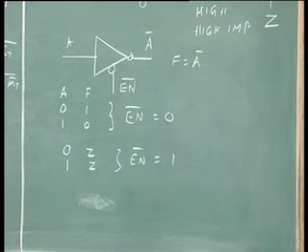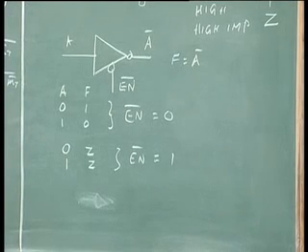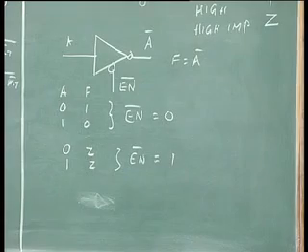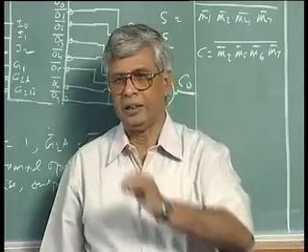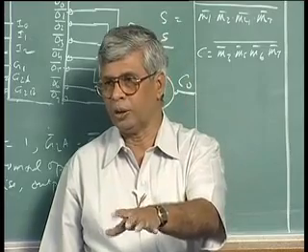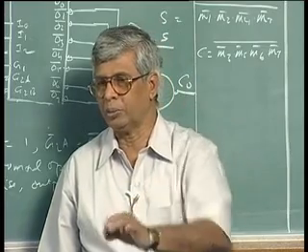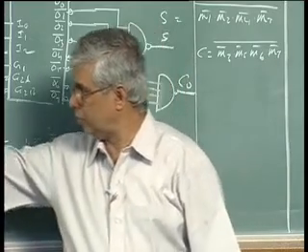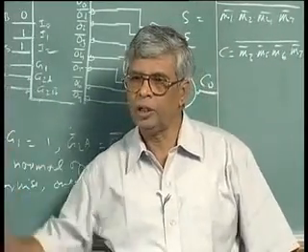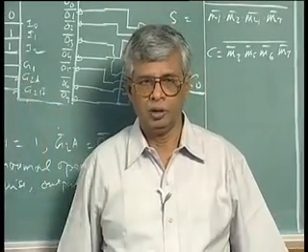You can have an AND gate with an enable, in principle, though it may or may not be available as a component. If the enable is active, the AND gate works as an AND gate. If the enable is inactive, whatever inputs you give, the AND gate does not give you the AND output, it gives you a high impedance output. That is what I said just now about the decoder. It can also be there in an encoder, a multiplexer, anywhere.